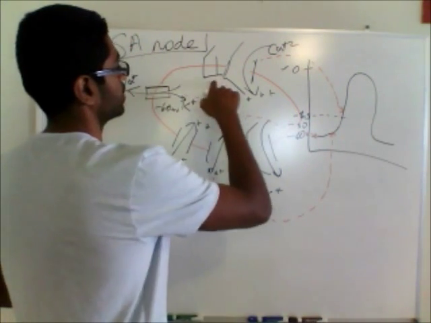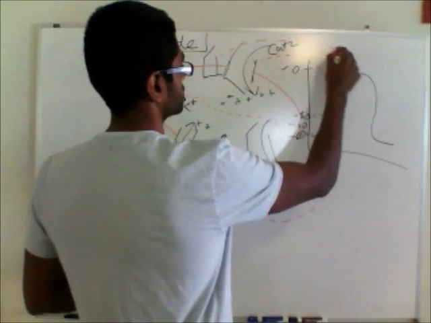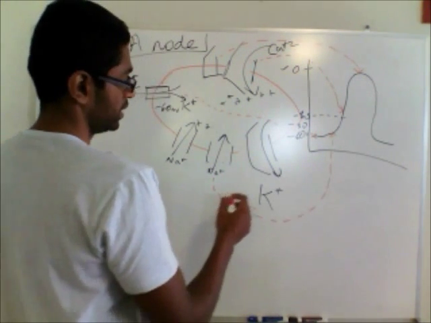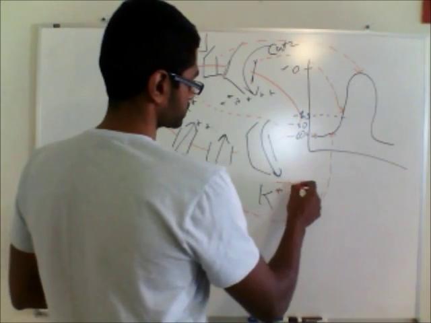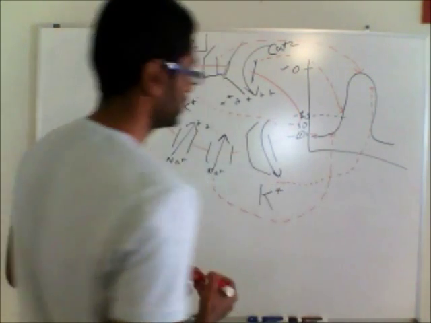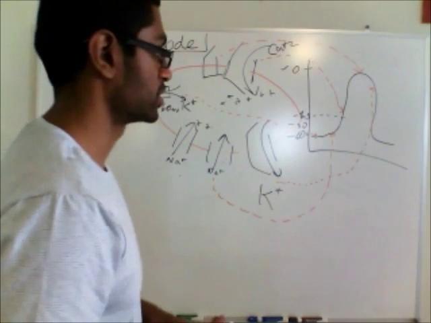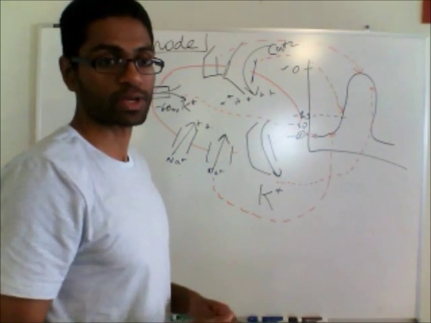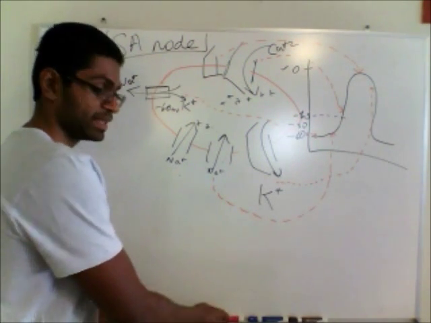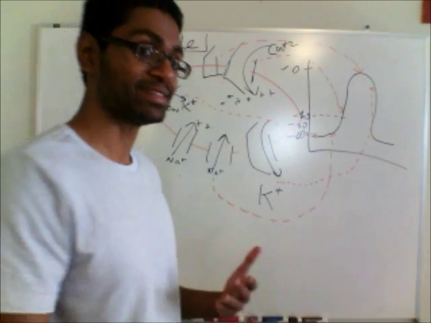Okay. And now at this point, the calcium channels automatically start closing. They're just programmed to close after a certain amount. At the same time, all right, potassium starts being kicked out. Okay, I hope you guys can see that. So it's very simple, and that's how the SA node maintains automaticity.